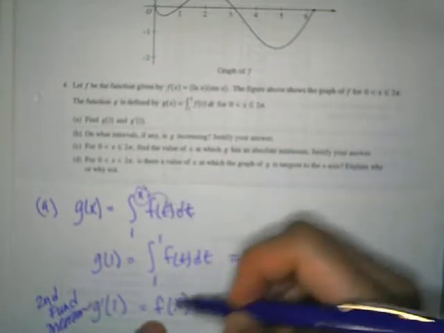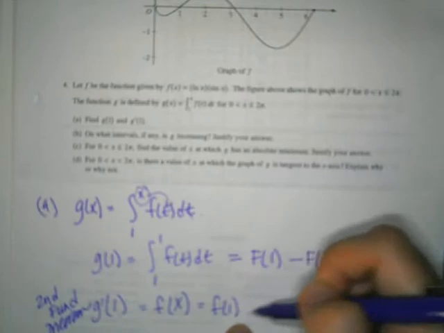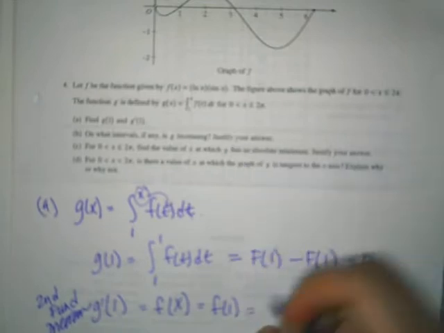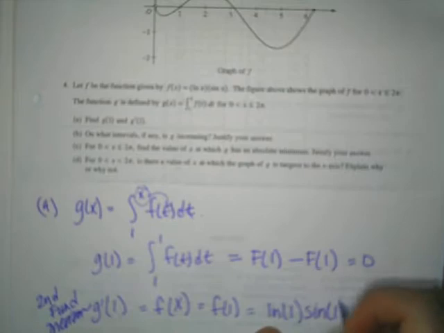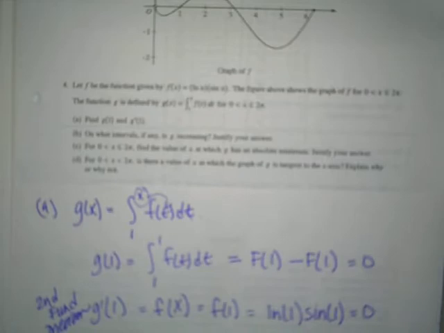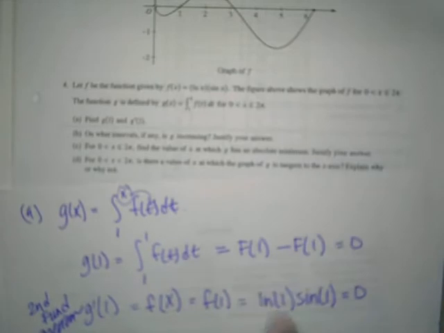So you get this, and then they want you to plug in 1. So f of 1 is what you get when you plug in 1 into that function. And there you end up getting 0 as well, because sine of 1, or maybe it's ln of 1. ln of 1, yes, ln of 1 is 0. So you end up getting 0 again.